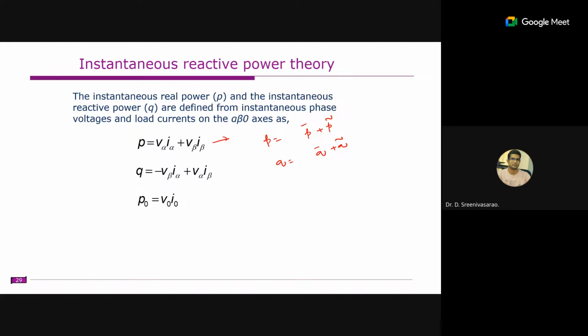If you look more closely, this one is responsible for the fundamental component, whereas the AC power is responsible for the harmonics.